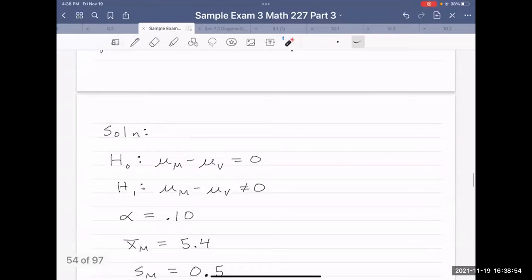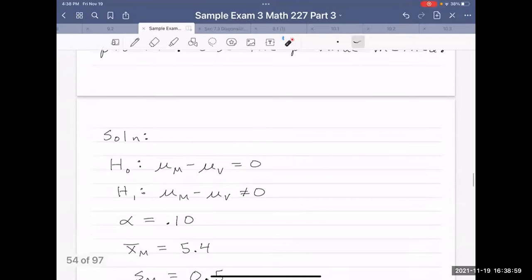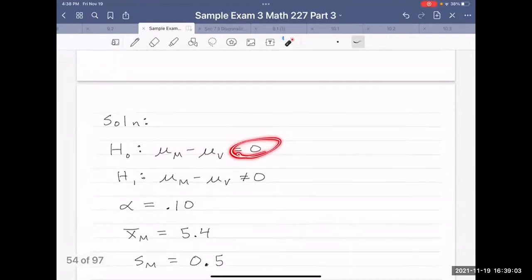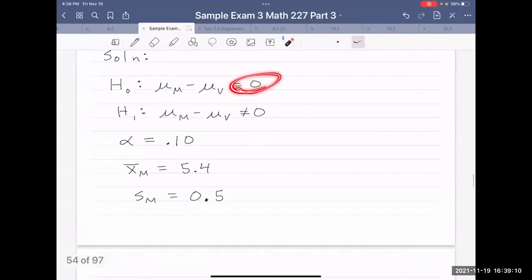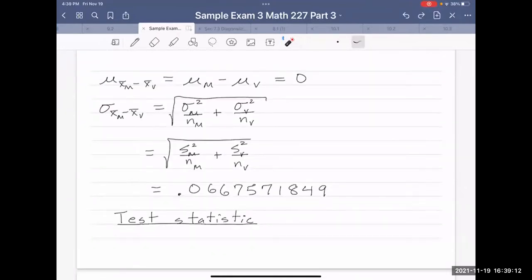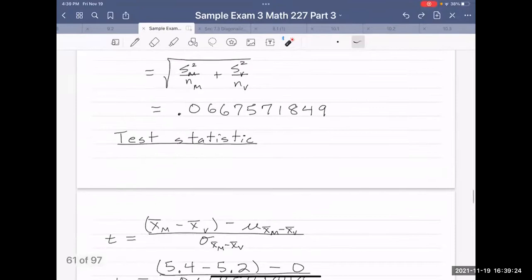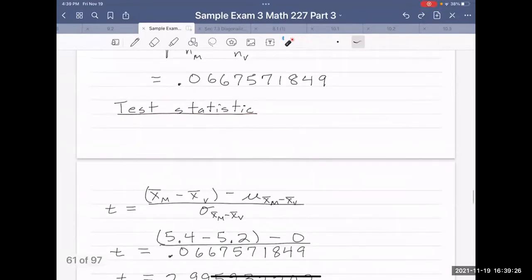The standard deviation of the distribution, we will estimate it by the sample. And again, we don't know that. We'll approximate it using the sample variances over the sample sizes, giving 0.06675718141. So let's calculate my test statistic.